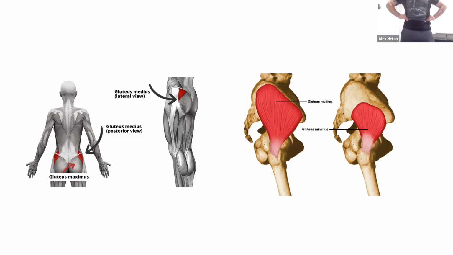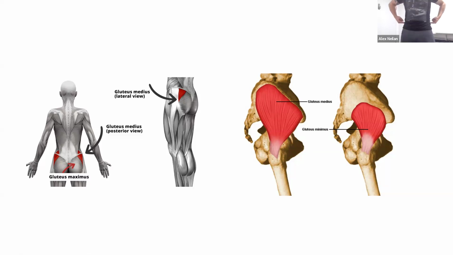Then if we walk the fingers down and feel right about here, you'll feel the side of your hip bone, which is that bit at the bottom, just there, if you see my cursor. You can see that the muscle travels between those two points. Imagine if you were to fall on your side, your hip bone is the bit that would be sore, the bit that would hit the ground first. So those two points, that's where glute med and min sit.